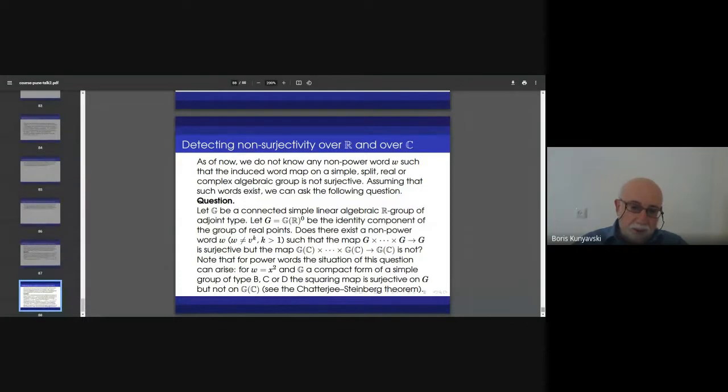Consider the squaring map, consider the compact form of a simple group of orthogonal or symplectic type, and then the squaring map is surjective on the real form, but not on the complex group. So the question is, can we observe such a phenomenon in the non-power situation? Once again, the question doesn't seem easy.